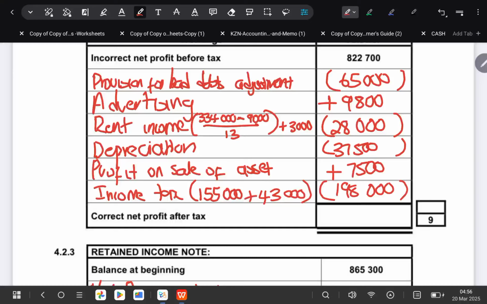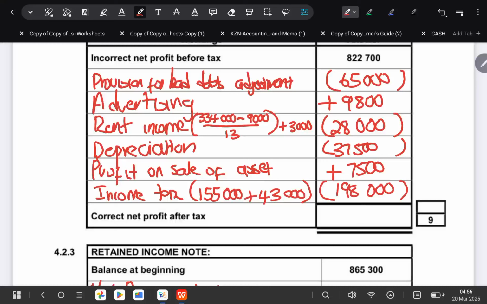822,700 minus 65,000 plus 9.8, and then we subtract 28,000, and then we also subtract 37,500, and then we plus 7.5, and then we minus 198,000.